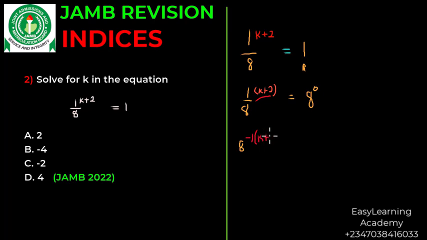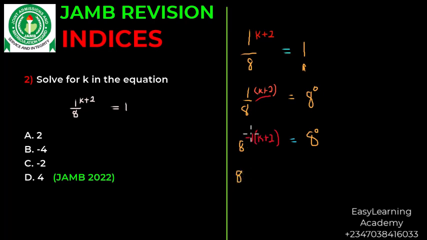We are done with that power, and it's just for us to equate the left hand side to 8 raised to power 0. Okay, so we now go ahead to multiply everything here. Now let's have the 8 here first.